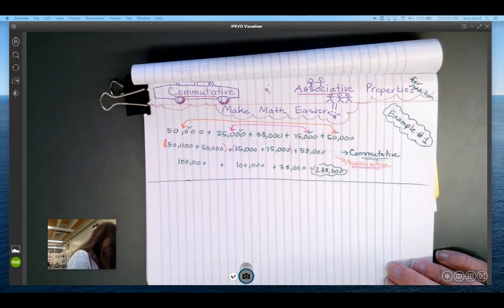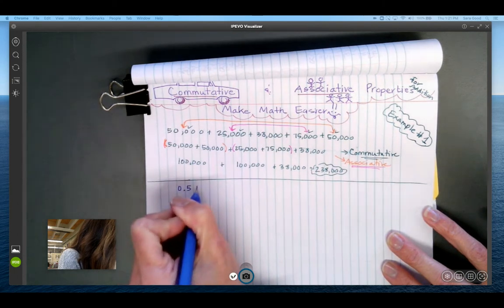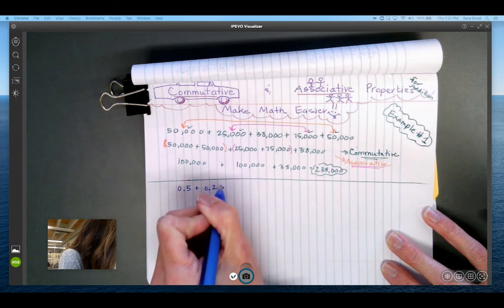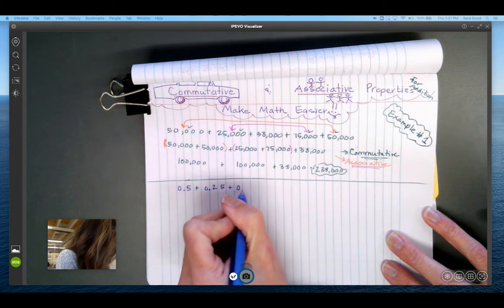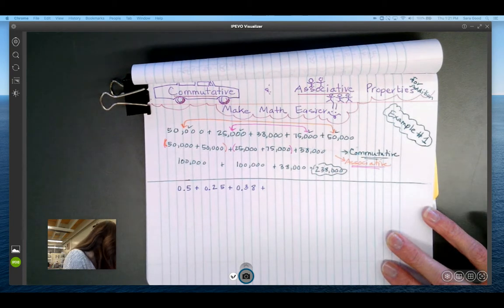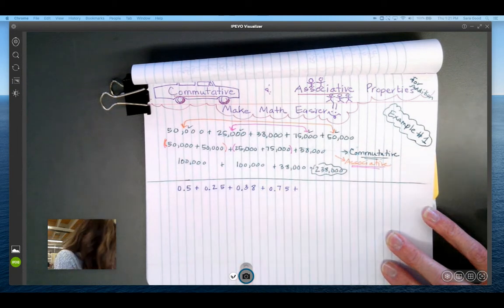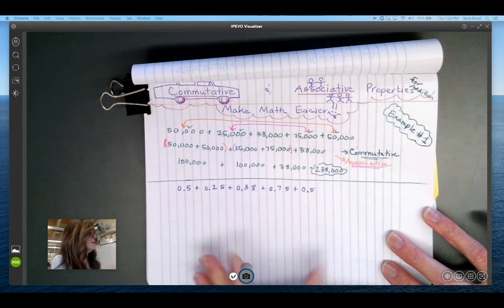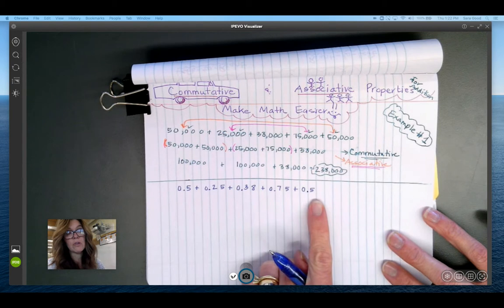So I'm going to start with 5/10 plus 25/100 plus 38/100 plus 75/100 plus 5/10. So we have 1, 2, 3, 4, 5 values to add together.